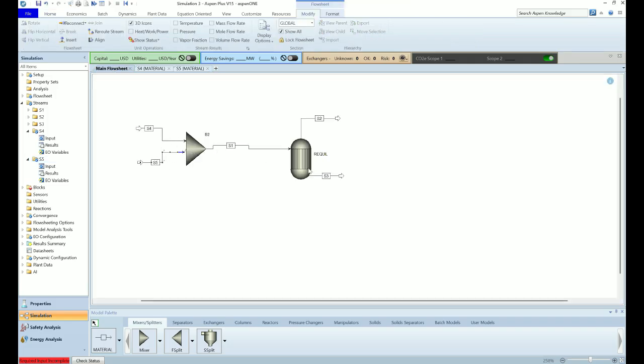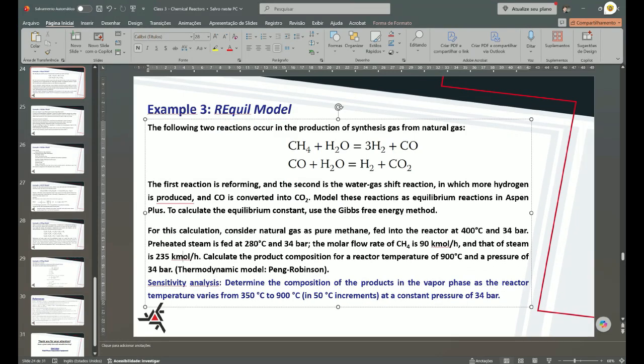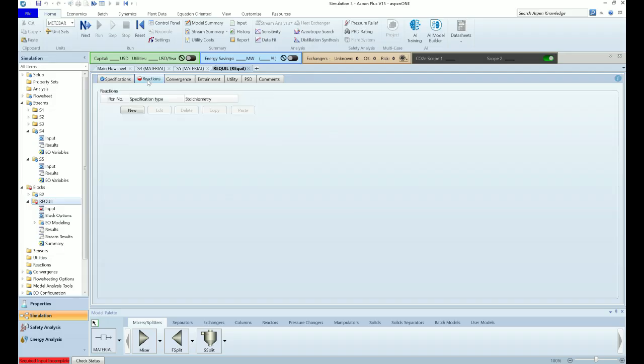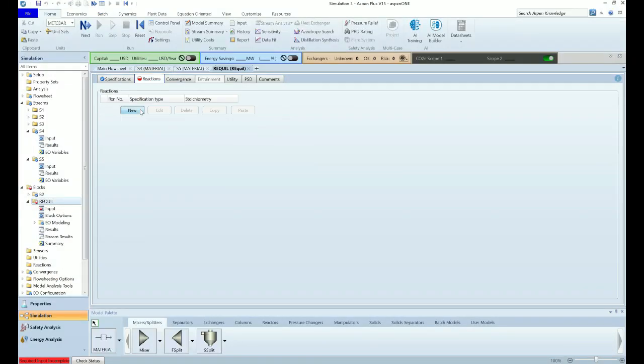They are mixed here and they go to the reactor, and in the reactor we have the operating conditions: some energy must be supplied for reaching this temperature of 900 Celsius degrees and a pressure of 34 bar. And let's consider only vapor fraction, because it's a reaction for vapor phase.